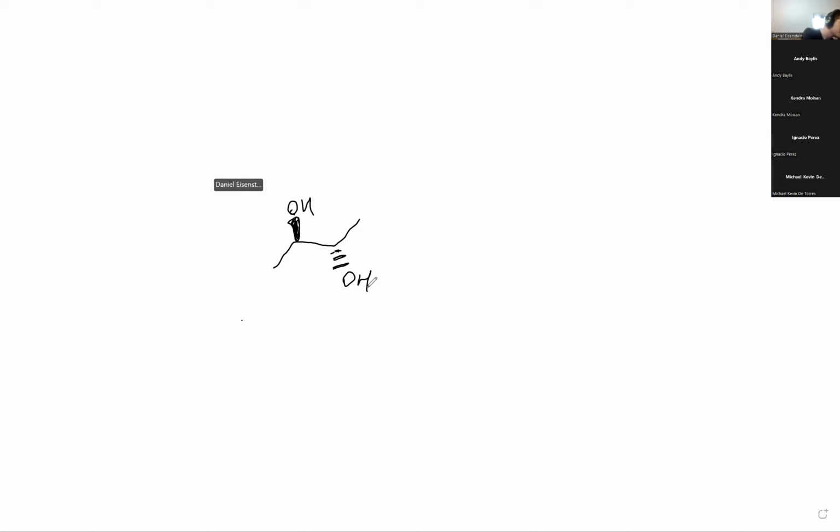All right, I'm about to blow your minds. This can be changed into this. Can you draw a plane of symmetry through that? Yeah, it's a meso. Does that suck? Yeah. But you're going to need to know it.